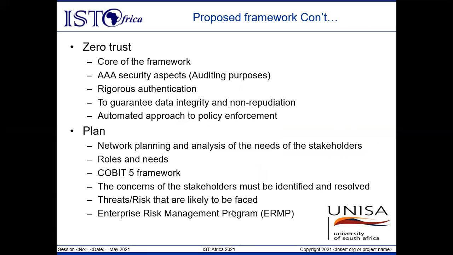The first thing that you're supposed to take into account here is that you should not trust anyone or any network resource in the network for tertiary institutions. So the security aspects of AAA are supposed to be taken into account here.